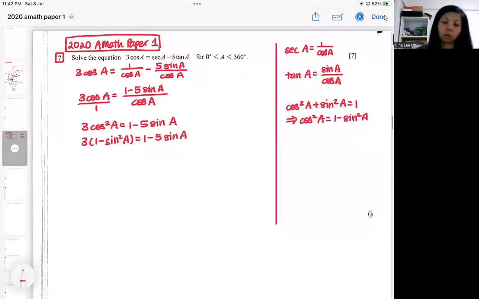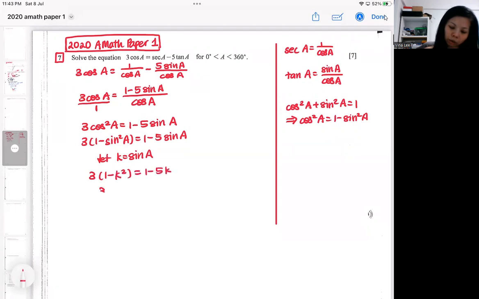So if you can't see the quadratic directly like this, you can do a substitution. You can do a substitution. So you can see a quadratic equation.